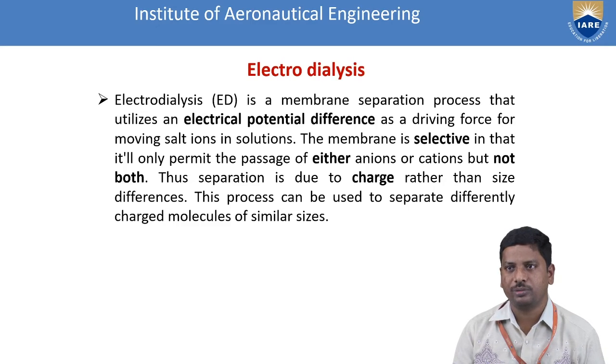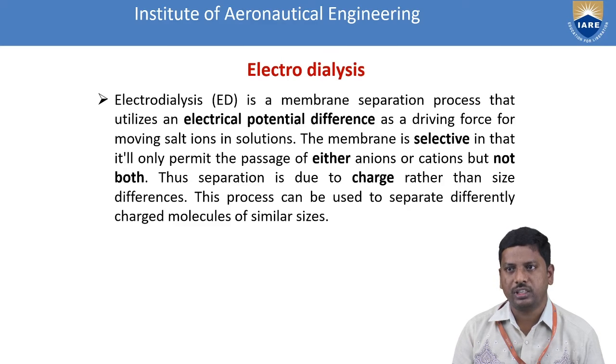Electrodialysis is a membrane separation process that utilizes an electrical potential difference as a driving force for moving salt ions in solutions. The membrane is selective in that it will only permit the passage of either anions or cations, but not both. That means it is possible to move either cations or anions, but both ions should not be passed through the particular membrane.